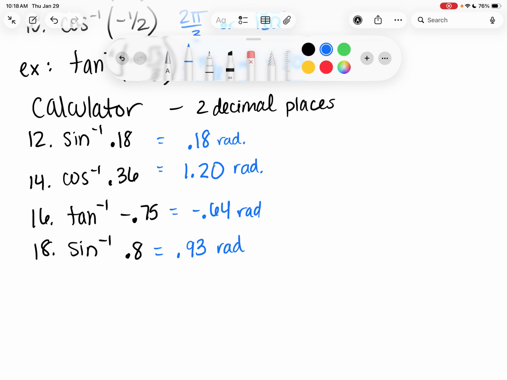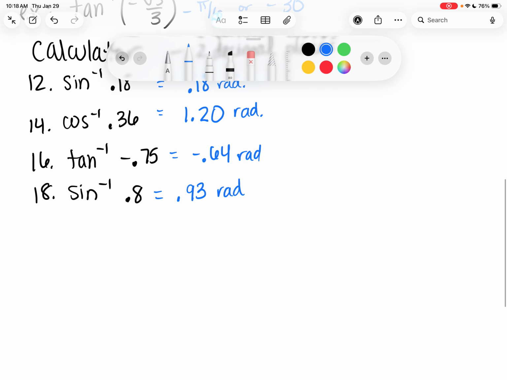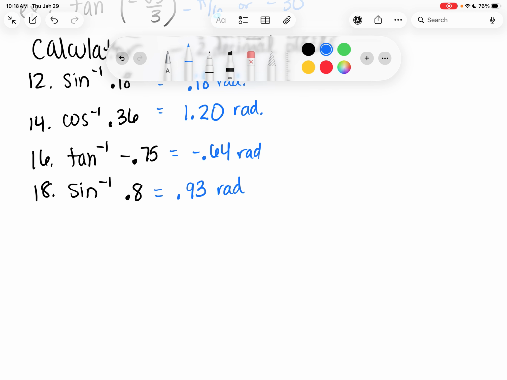I still have the previous problem on my screen, and I just changed to degree mode. If I hit enter again, notice it takes the same exact problem, so I don't have to type it in again, and it just produces the other answer for me. So if you want to change the mode back and forth, you can do that, or you can just retype it in every time. Either way is fine.